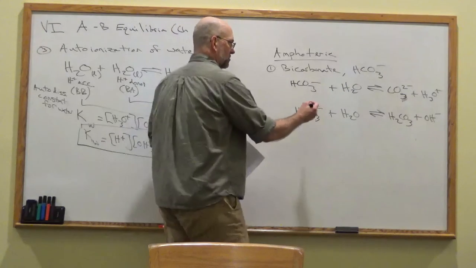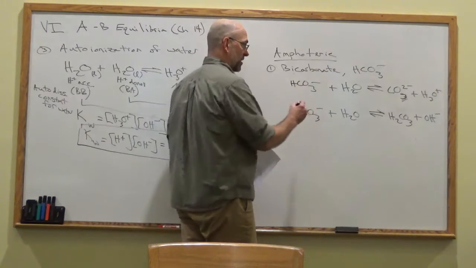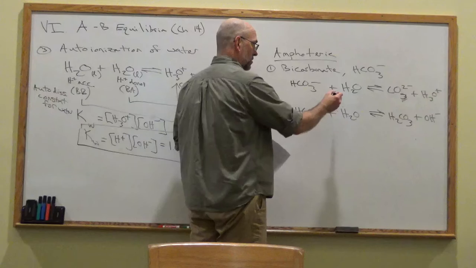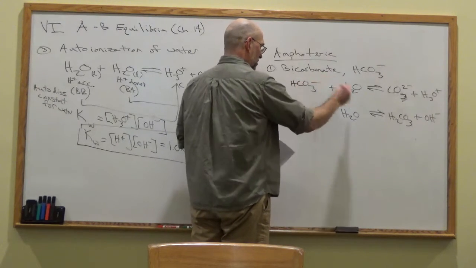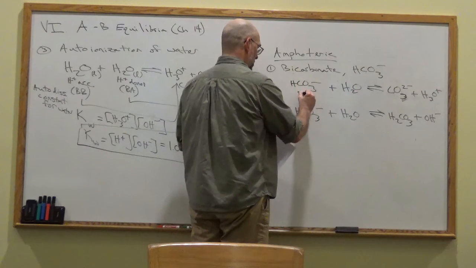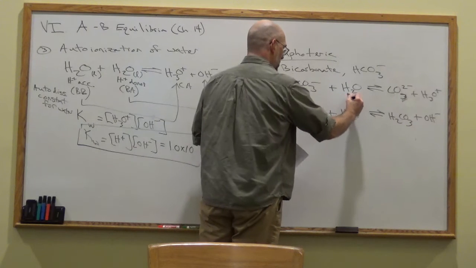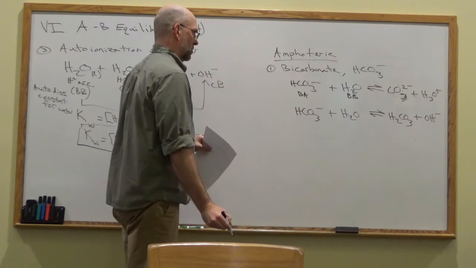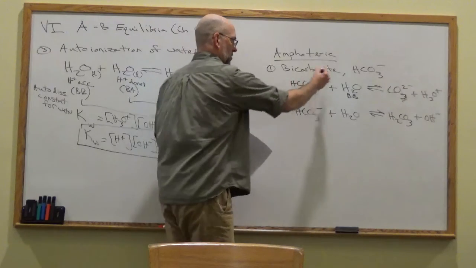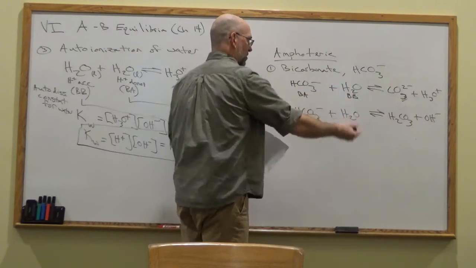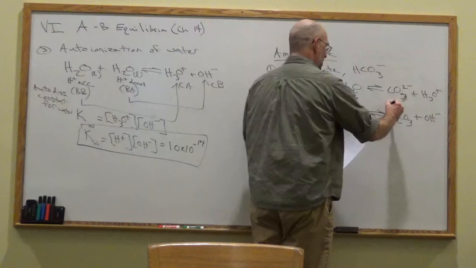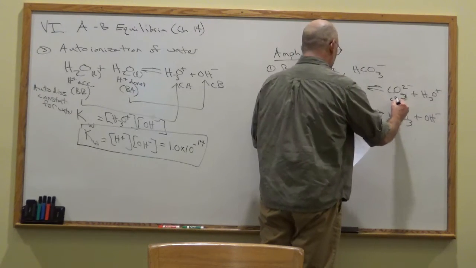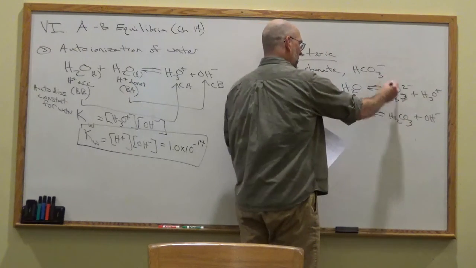So in this case, I'm not even going to give the explanation here. So, this gives the H plus there. Okay. So this is going to be the conjugate base of bicarbonate.